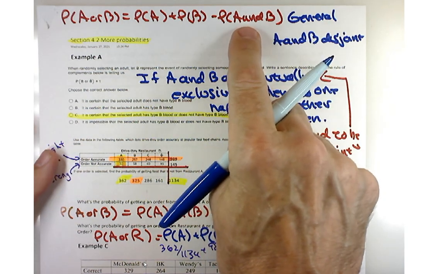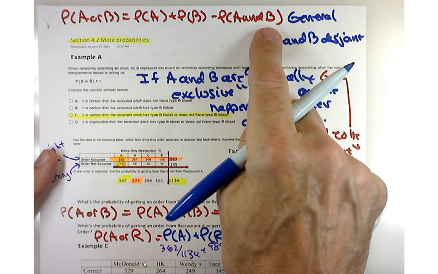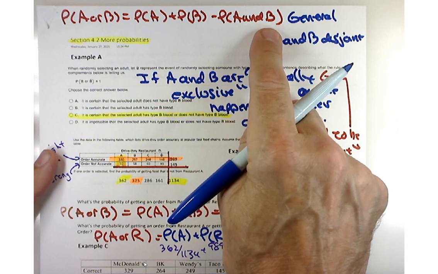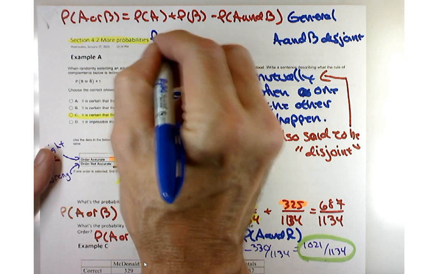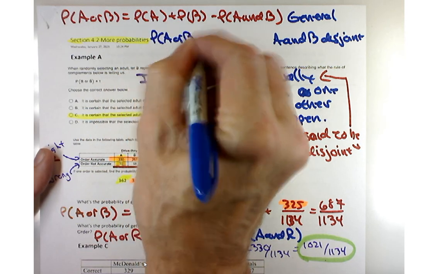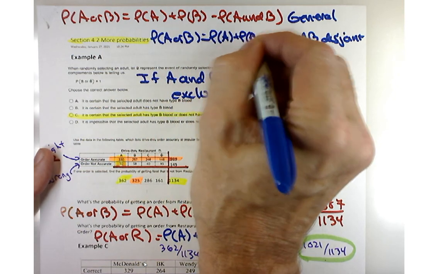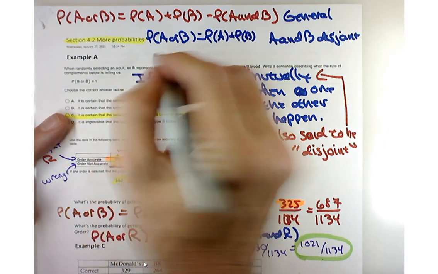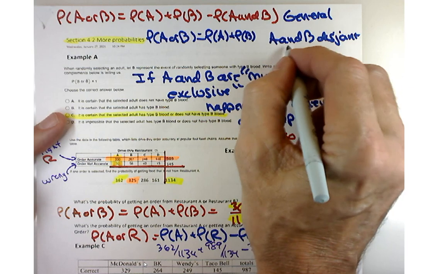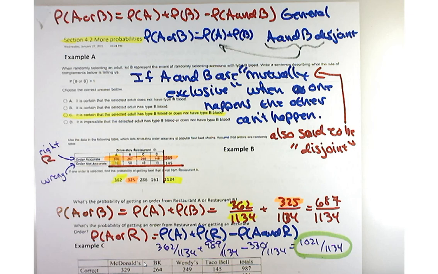If A and B are mutually exclusive, what's the probability of A and B? 0. Yeah, they can't happen if they're mutually exclusive. So you have what's called the special addition rule. Probability of A or B is the probability of A plus probability of B. That you can use if and only if A and B are disjoint.